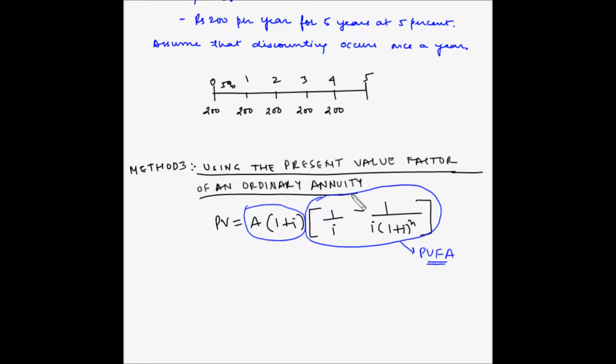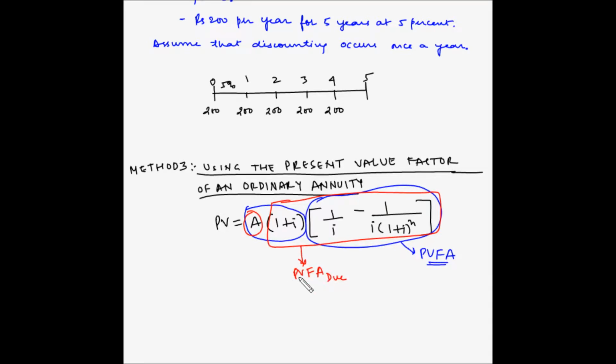However, if we consider one part as this A and second part as this whole thing, then this second part will be the present value factor of an annuity due.